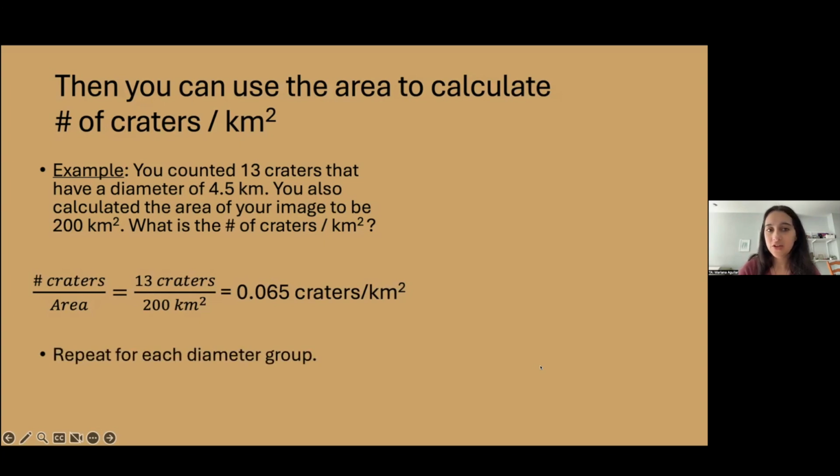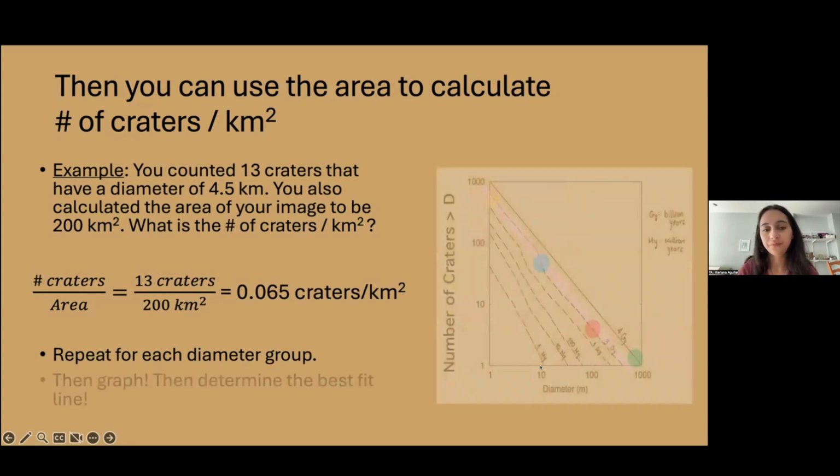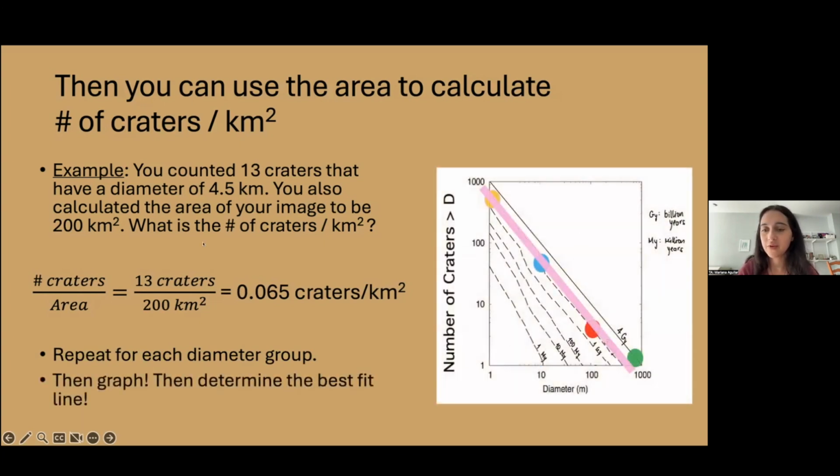And you do this for each group that you found, so 256, and so on. And then you can graph it. So in this graph here, on the x-axis, we have the diameter of the craters. And then on the y-axis, you have the number of craters per kilometer squared. So you should have a graph of this for Mars, which is what you're going to use in the breakout rooms.